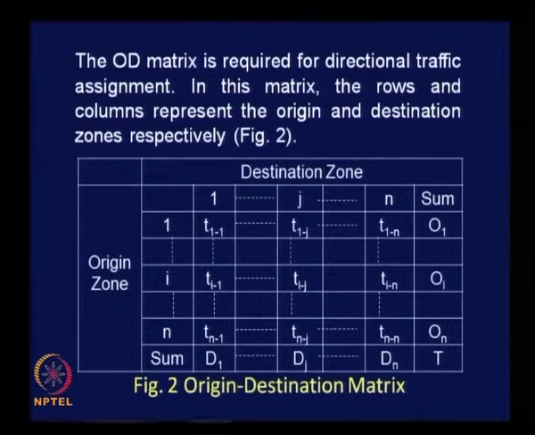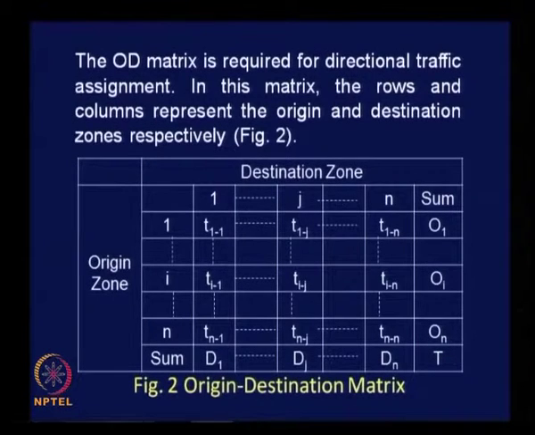That is the only difference between PA matrix and OD matrix, and in the notation there is a minor difference. Earlier we named the cell value as Tij for example. In this case it is named as Ti-j to differentiate between PA matrix and OD matrix.